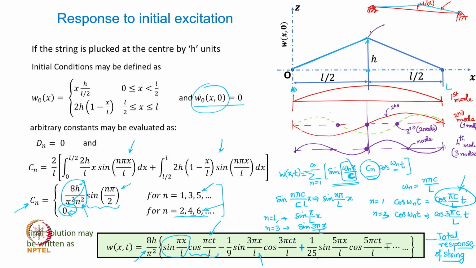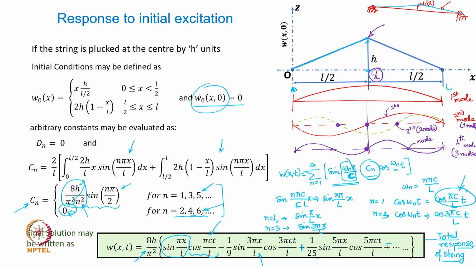Now how have you given the initial displacement to the string? With a non-zero displacement at L by 2. So at the L by 2 position, your initial excitation to the system contradicts the corresponding mode shape of the second mode, fourth mode, sixth mode, eighth mode, and so on.